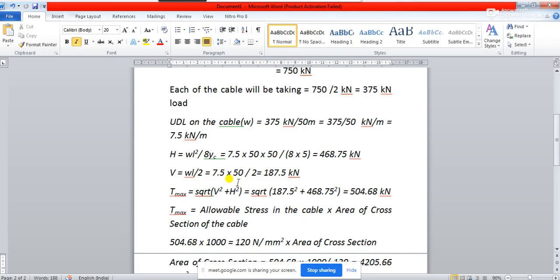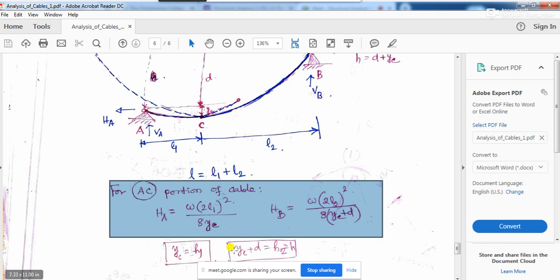When the supports are at equal level, what is the formula for H, the horizontal force? So WL squared by 8yc. Exactly the same phenomenon we will be using over here.